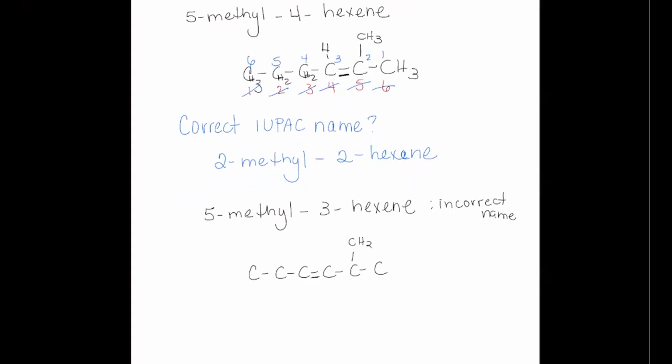This is where the CH3 is. Still, for this molecule, it will be incorrect if it's 5-methyl. Because according to the rules, just like you were pointing out, since this is an equidistant alkene, the methyl is on 2, not on 5. Does that answer your question?